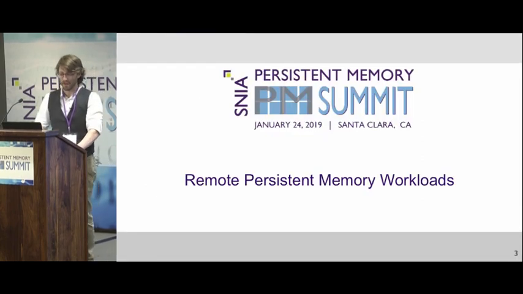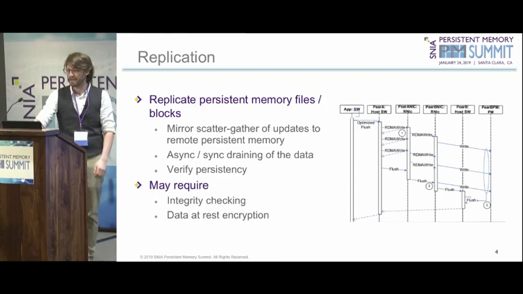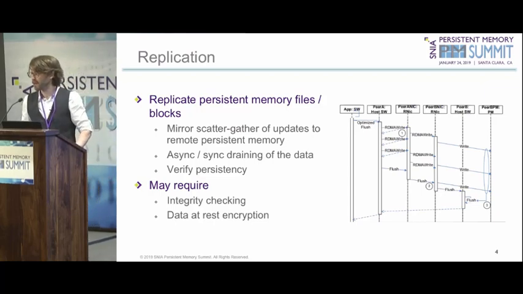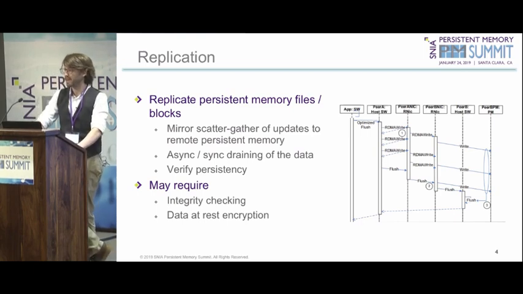So what are the workloads? The first workload was presented here by the NVM PM work group in the document called Remote Persistent Memory for High Availability. We want to replicate memory files or blocks to a remote persistent memory.